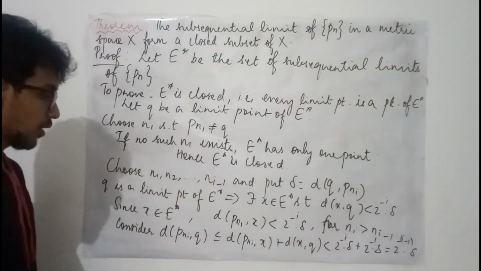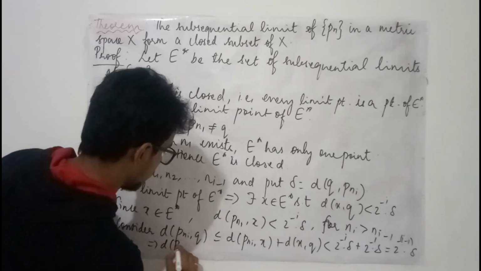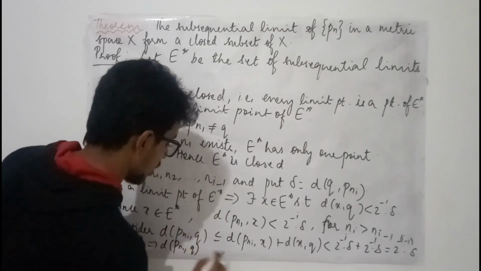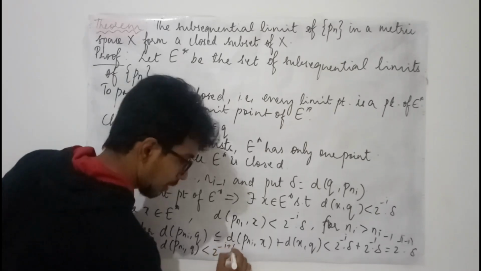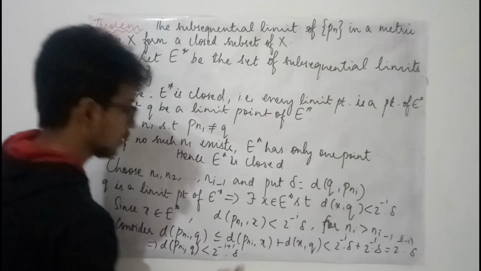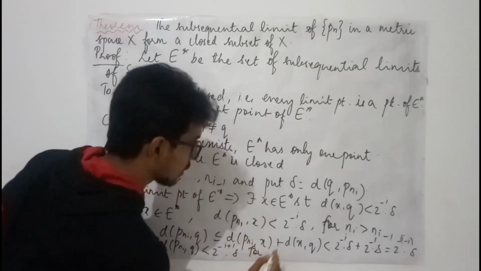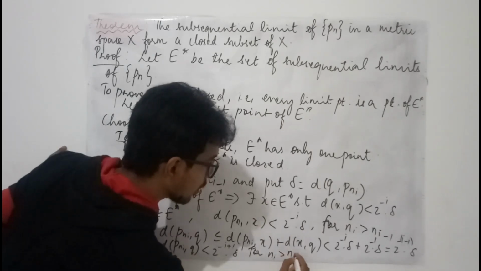Finally, you have d of Pni comma Q is less than 2 power minus (i plus 1) times delta, and this is for ni bigger than n(i minus 1).